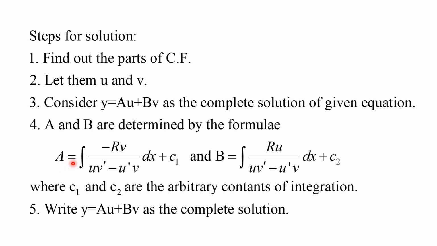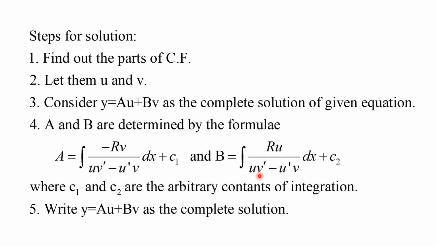In the next step, we have to find the value of a and b by using the following formulas. So a is equals to integration minus rv upon uv dash minus u dash v dx plus c1 and b is equals to integration ru upon uv dash minus u dash v dx plus c2.